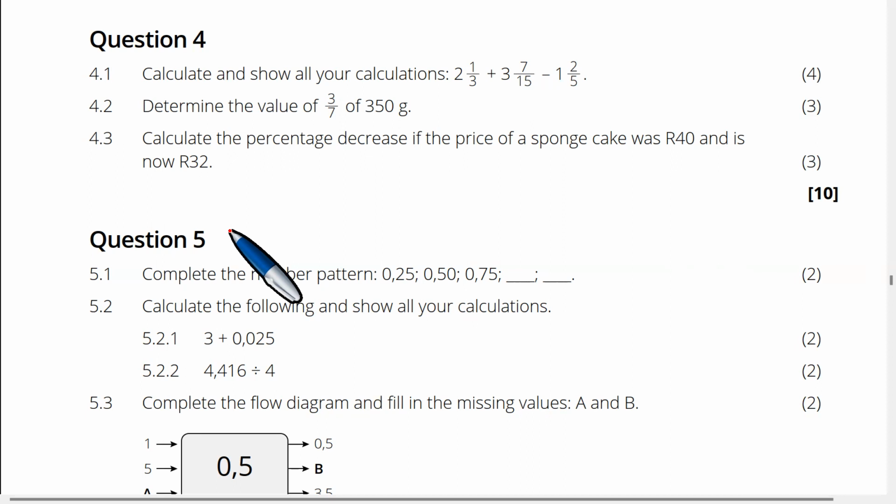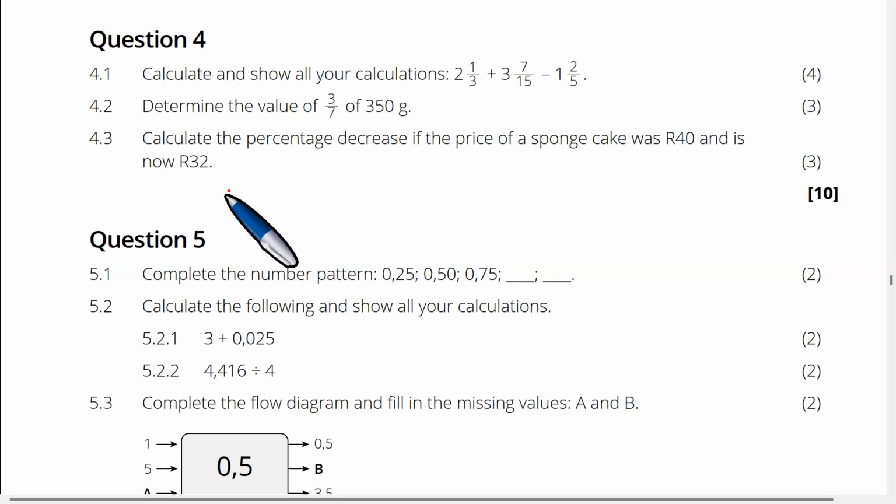Is the answer 40, is it 42 percent? All right, let's do the percentage decrease together.